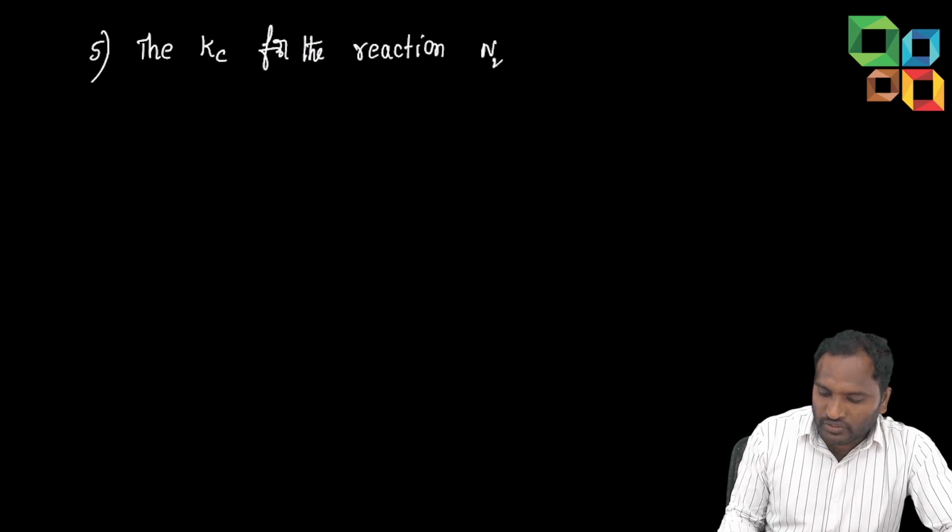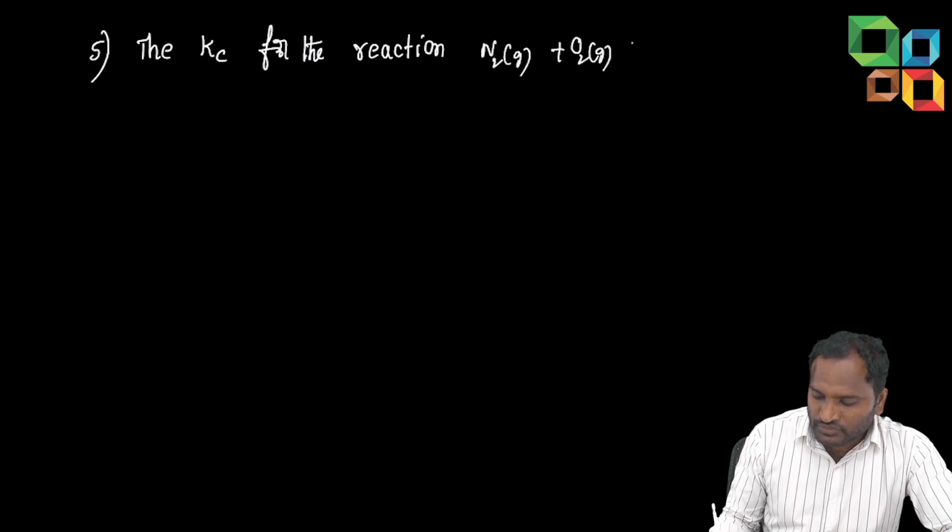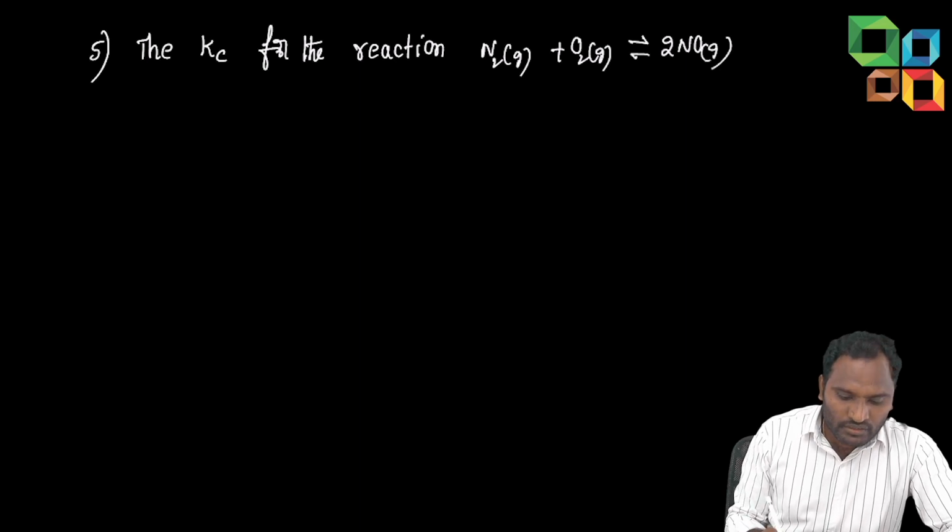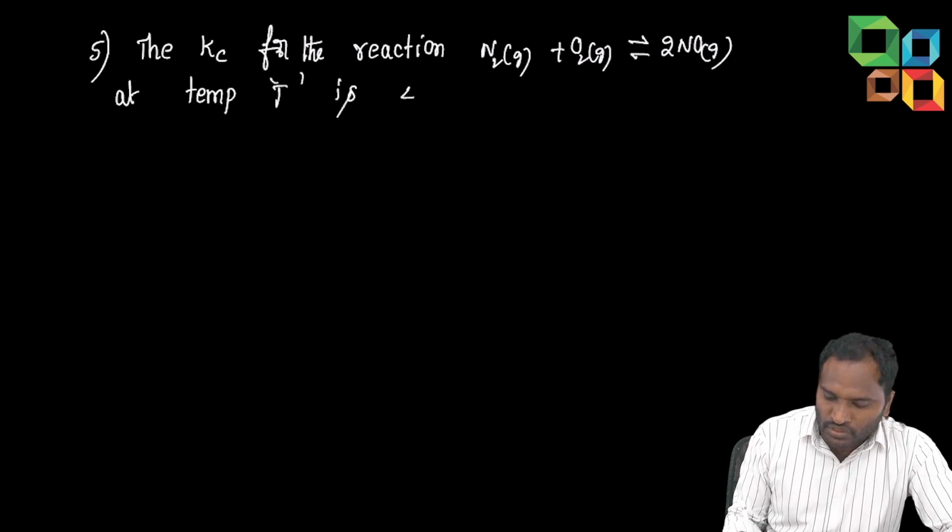The reaction N2 gas plus O2 gas is in equilibrium with 2NO gas at temperature T, and its equilibrium constant is 4 into 10 to the power minus 4.